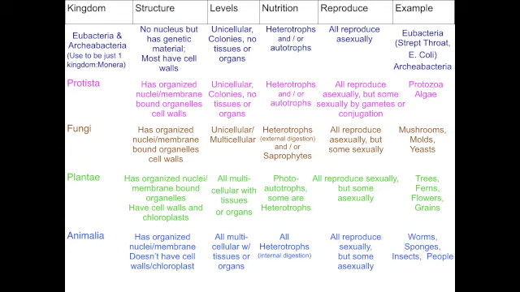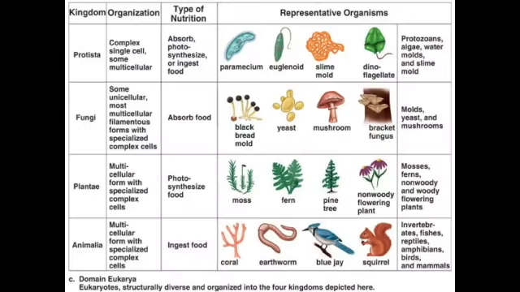But now we say archaeobacteria versus eubacteria. All the information we just talked about, as well as some examples, I put on a chart for you. We're going to use this chart for the rest of the year. We're going to go step by step, kingdom by kingdom, throughout the second semester, right before summer. Here's a focus on specifically just the eukaryotes. So bacteria is excluded. So just the eukaryotes having a nucleus.